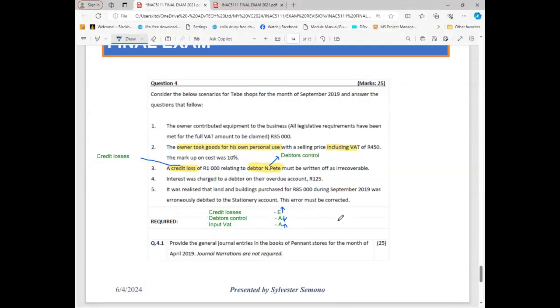Now we need to check the movement: expenses increase on the debit side, assets decrease on the credit side, and assets increase on the debit side.